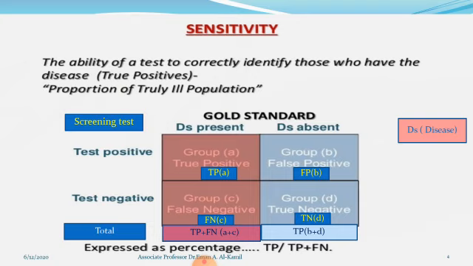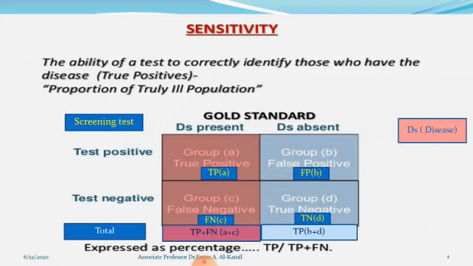So the sensitivity is equal to those who are true positive by both divided by the total positive by the gold standard test. So the sensitivity equals true positive, which is A, divided by the total positive by the gold standard, which are A and C. So this is the sensitivity, and it is always expressed as a percentage.